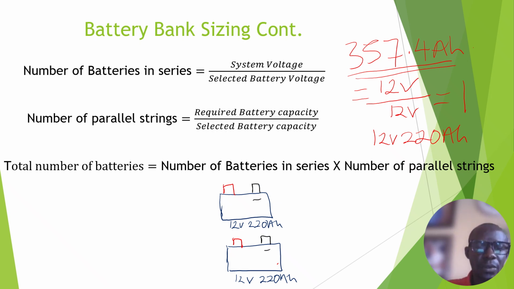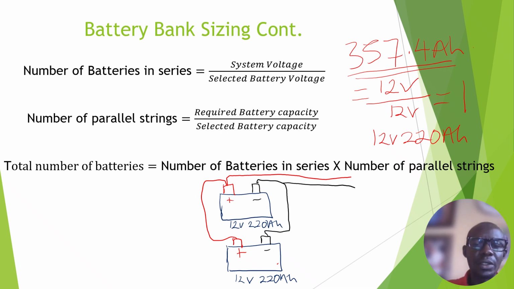If you are connecting in parallel, your positive will join your positive, then your negative will join your negative. Are you getting it? So the output will be 12 volts. You sum the capacity, that will be 440 Ah. You get that? So that's the capacity.